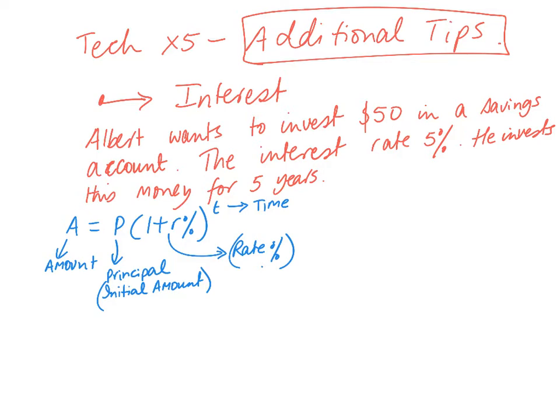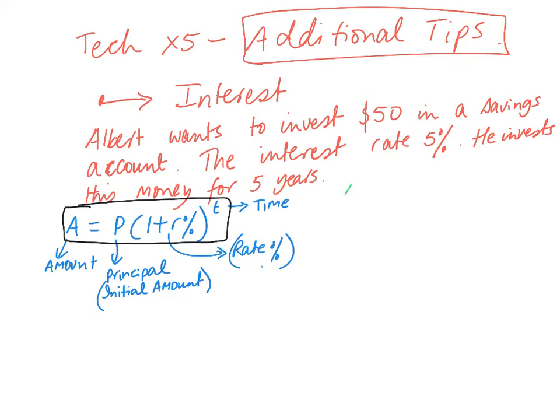Time, let's just write it as time instead of putting a parameter in years or something, because it can be months, it can be days. So this is our main formula that we are using, right? Concentrate on that. Remember the different attributes, the different elements that are part of this so that you can easily solve it, okay?